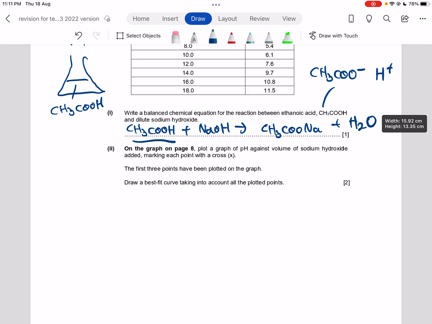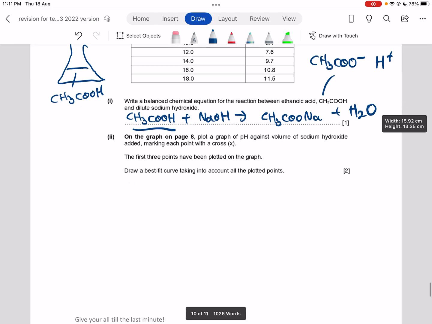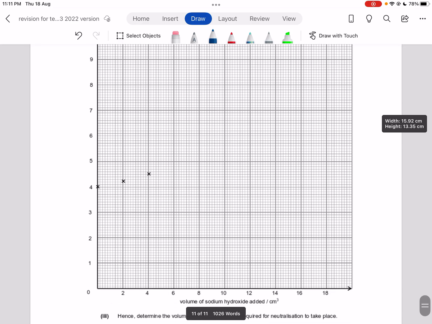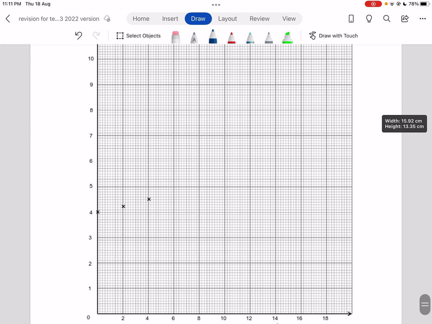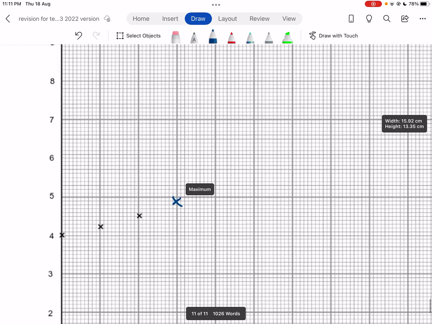So on the graph on page 8, plot pH against volume of sodium hydroxide. The first 3 points have been plotted. Draw the best fit curve. Next one is 6, 4.9. Then you have 8, 5.4.